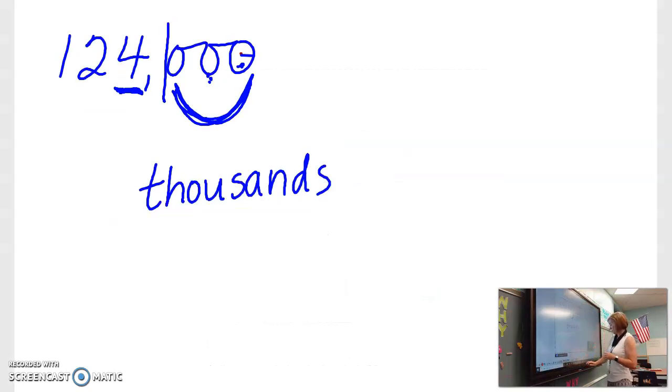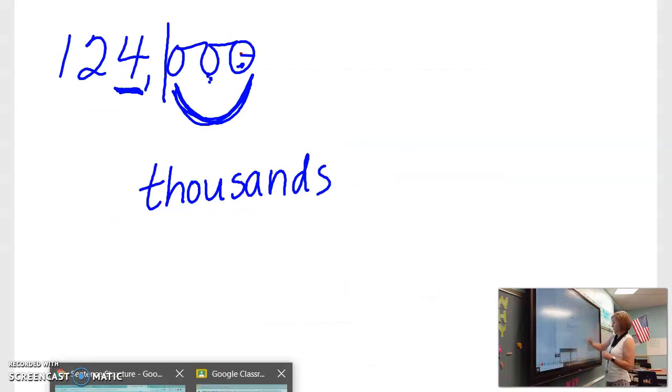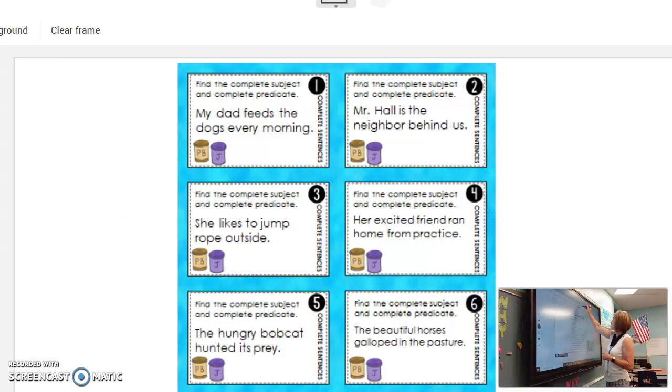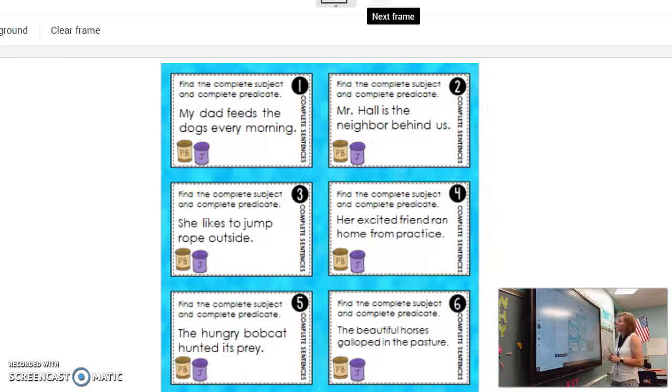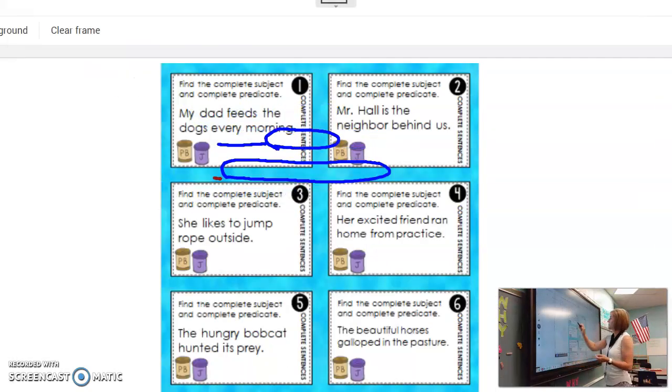It's not wanting to go. There we go. So if I look at this page, I see my dad feeds the dogs every single morning. When I take a look at this, I know that my dad is what the sentence is about.